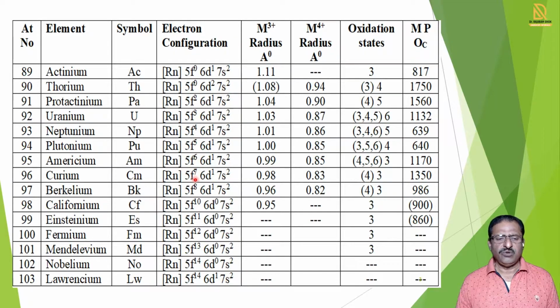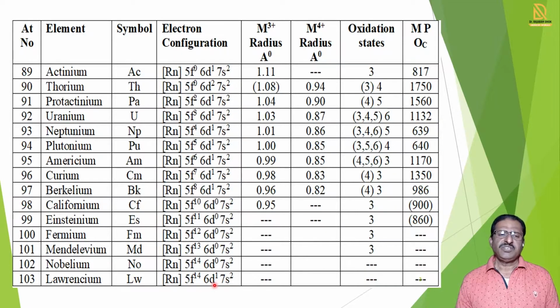Up to curium, 7 electrons are filled. In berkelium, 5f8 6d1. Then again in californium, 6d contains 0 electrons and 5f electrons are added, one more electron is added in 5f, and so 10, 11, 12, 13, 14, and also in lawrencium 14 and 6d1. So this is the electronic configuration of these elements.